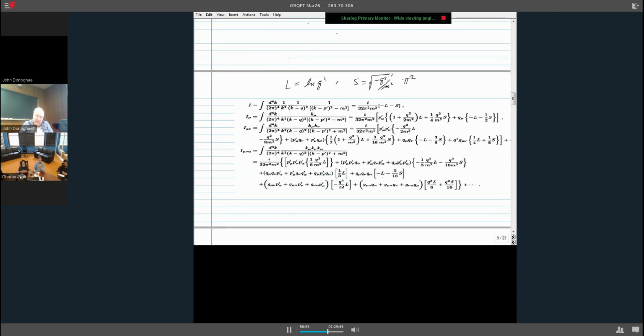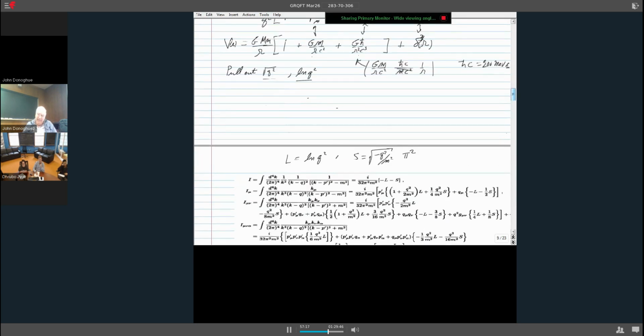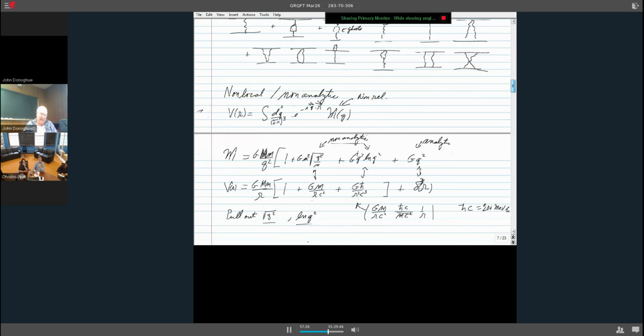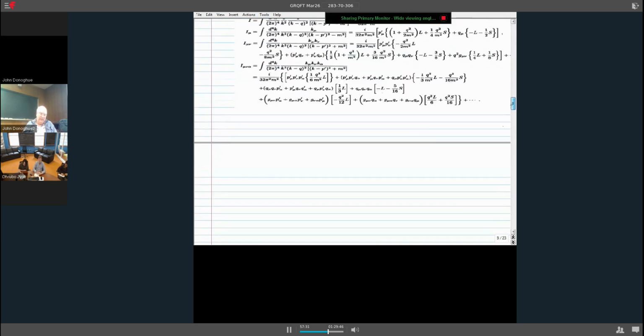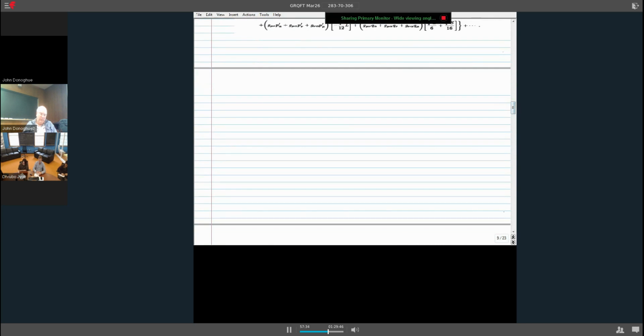Good. So the point of this table here is just to say that we know how to pull out logs and square roots from these things. L in this table is log q squared, and S is the square root of q squared, actually the square root of minus q squared over m squared. Let me just check down here just to be sure. Oh, there's an extra pi squared. Sorry.